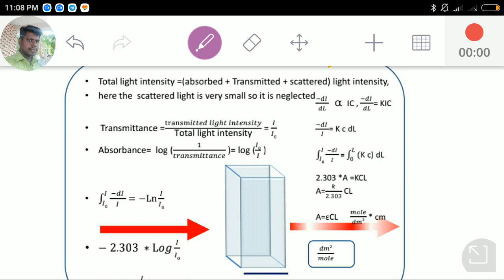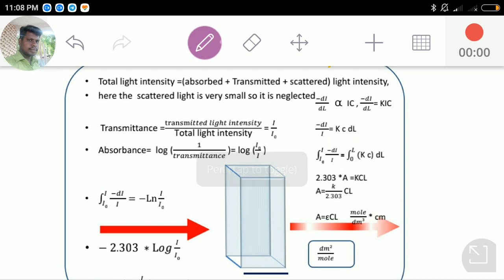So this is the equation. Integration from I0, the initial intensity, to I, of minus dI by I equals, from length 0 to L, k C dl. This part is solved here.